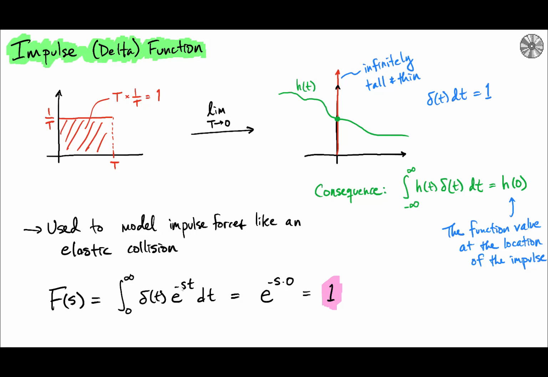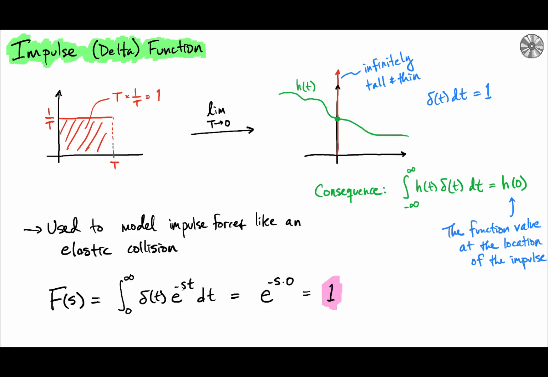So delta here is located at 0, and so it picks out the height of h at 0. If we had delta of t minus a, then the delta would be located at a, and so you'd evaluate h at a, at t equal to a instead.